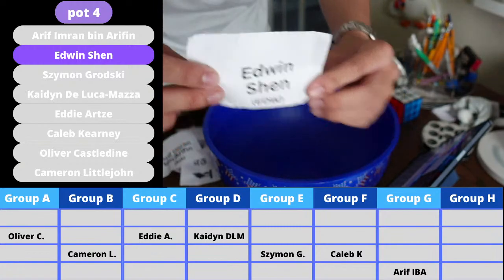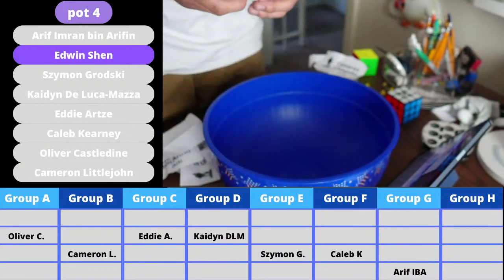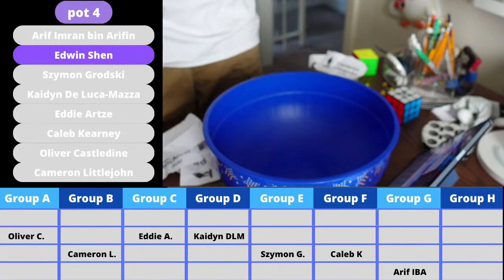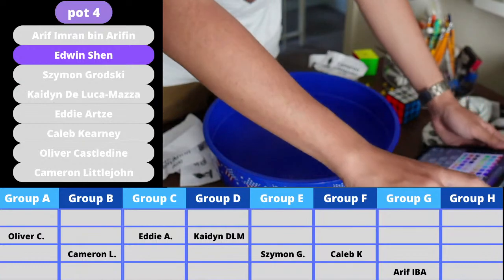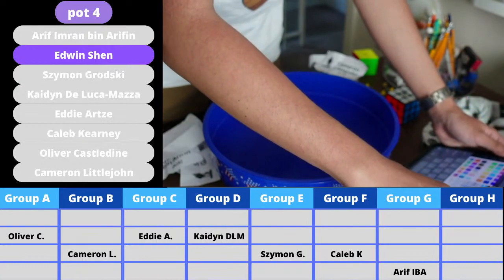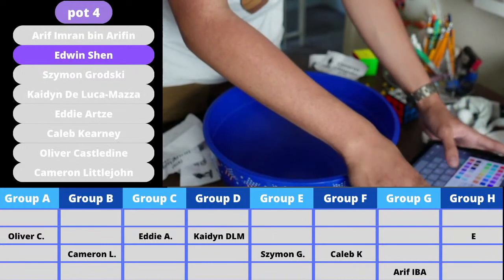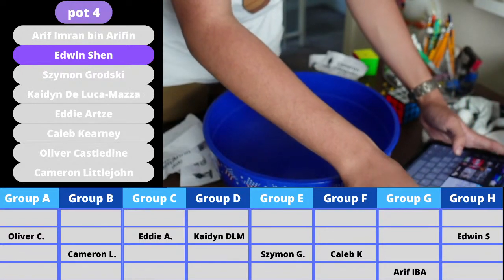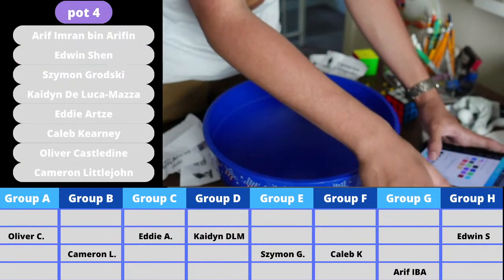Edwin Shen will be in Group H, and he will be going into position H2. So, H2 for Edwin. Alright, that concludes pot 4, and now we'll be moving on to pot 3.